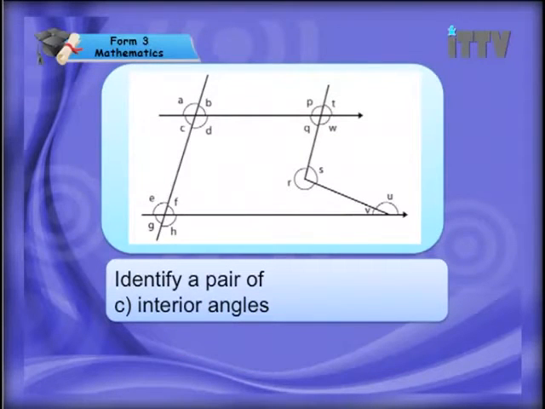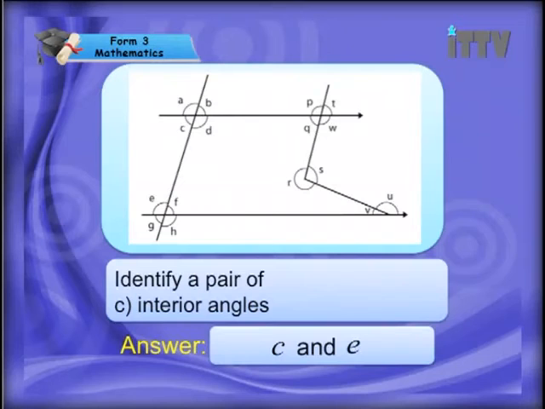Next issue is to identify a pair of interior angles. Now, if you look very closely, angle C and angle E would constitute the interior angles. So, the identification of their respective angles is very important.